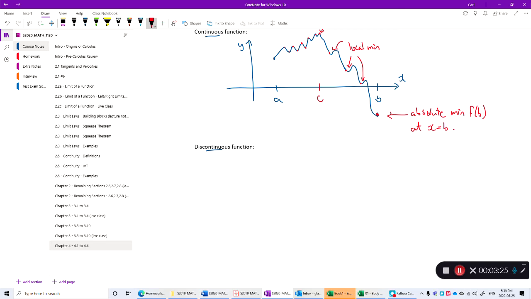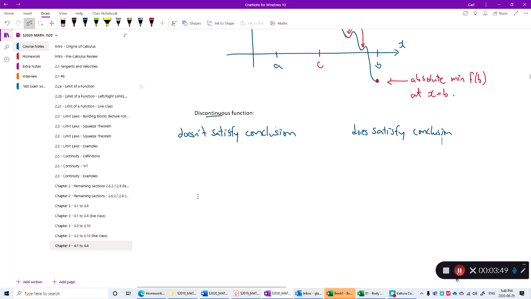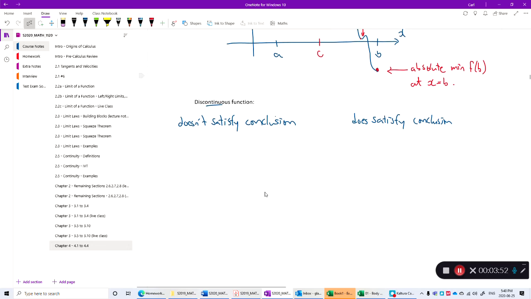We'll do one where it doesn't satisfy the conclusion of the theorem, and one where it does satisfy the conclusion. When I say doesn't satisfy the conclusion, I mean it doesn't have an absolute max or it doesn't have an absolute min, one of those two things.